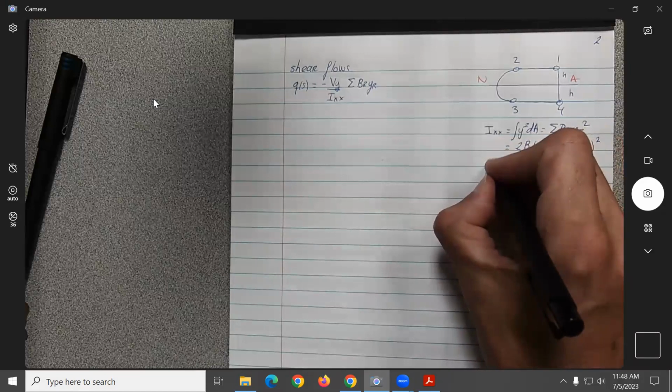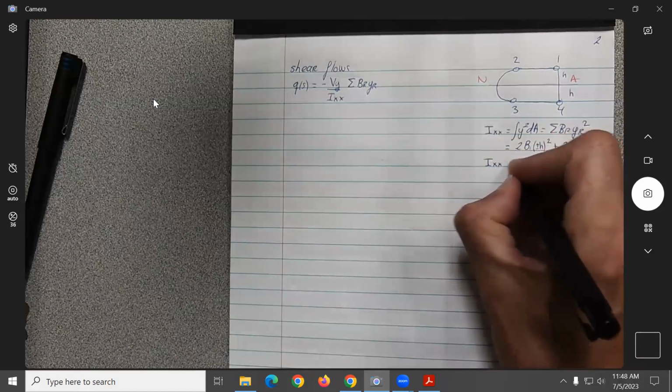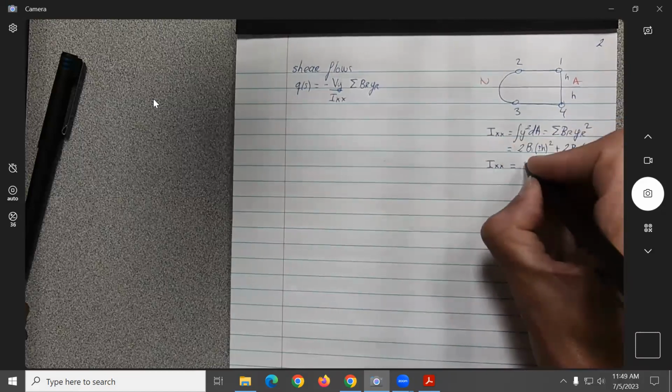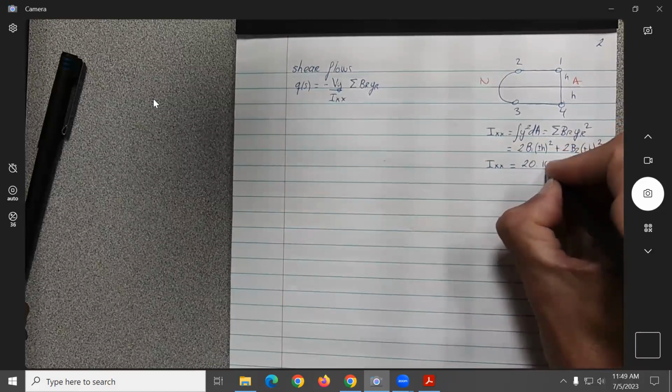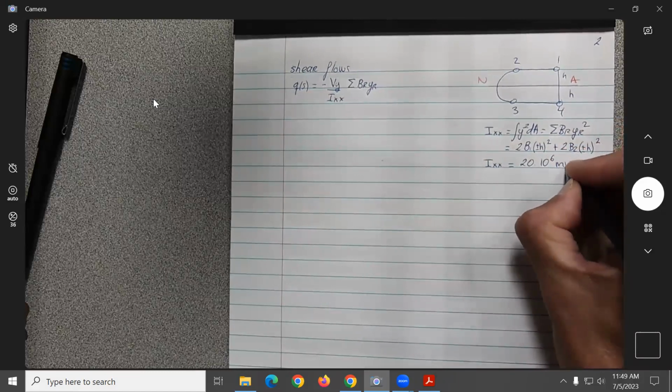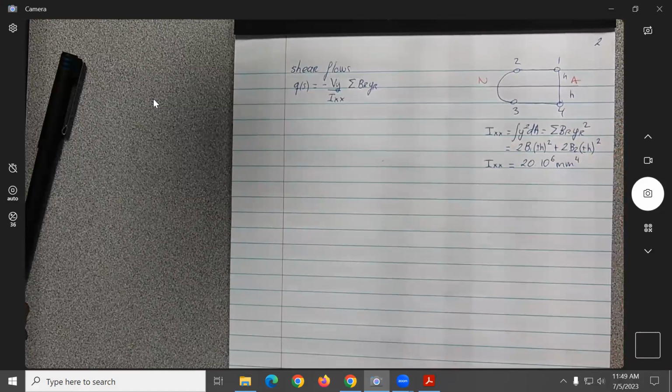If you do these calculations, you find that this is equal to 20 times 10 to the 6 millimeters to the 4.